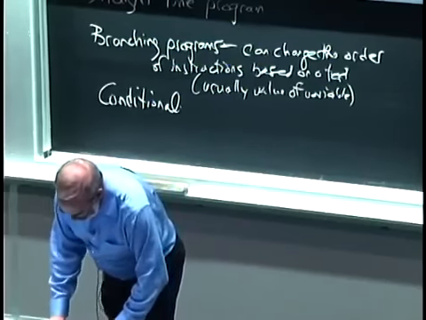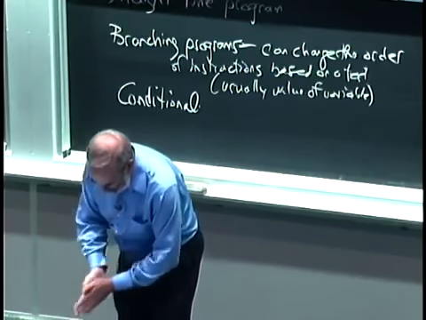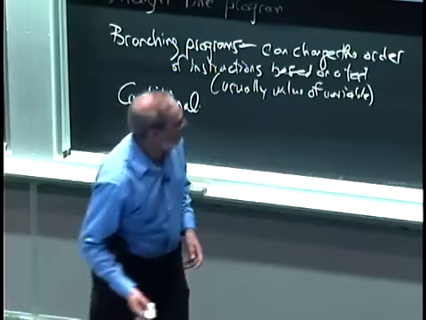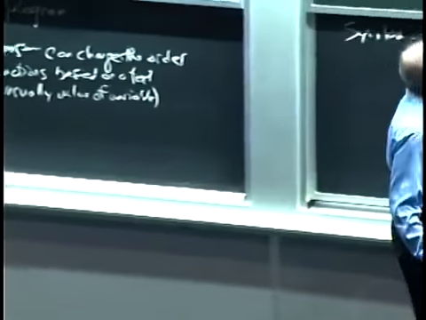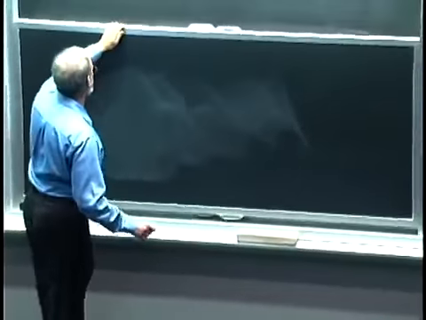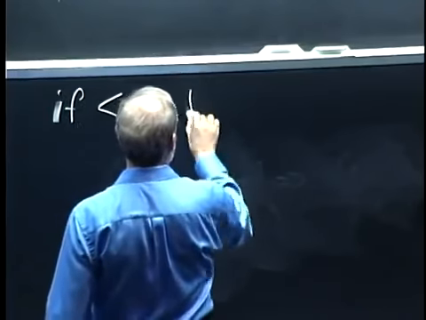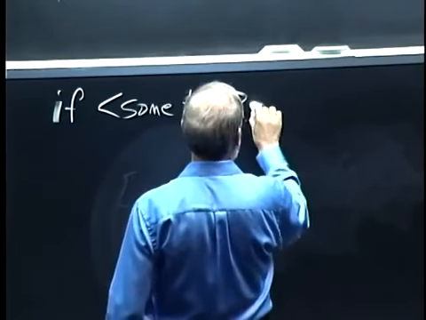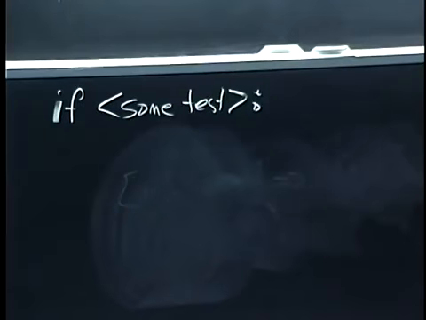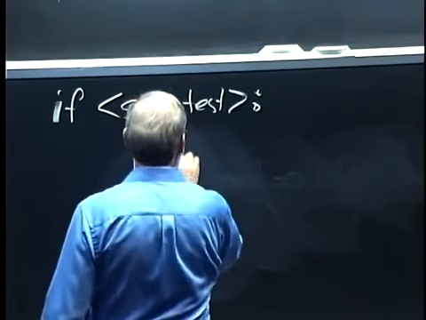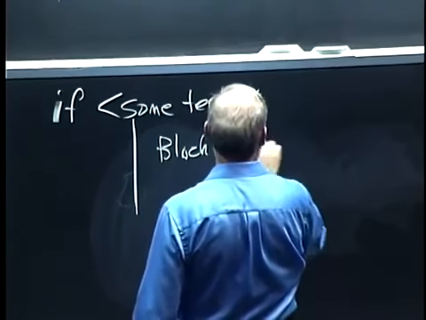Okay. Now, having done that, again, I want to stress this idea, and I'm going to write it out one more time, that there's a particular format here. So we have if, followed by, and I'm going to use angle braces here just to indicate something goes in here, some test followed by a colon. That is followed by a block of instructions.